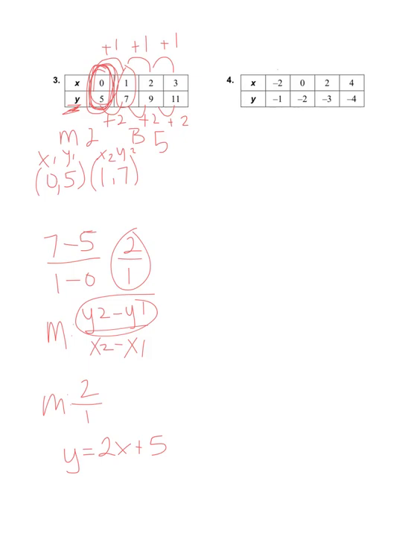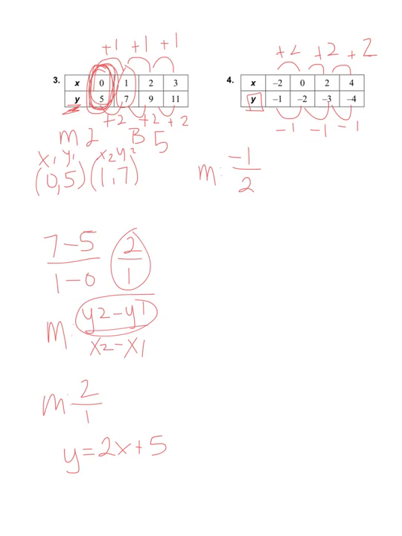Number 4, we're going to do the same thing. This is going up by 2, plus 2, plus 2, plus 2. And then down here, from -1 to -2, this is going minus 1, minus 1, minus 1. So our change in y is going to be -1. Our change in x is going to be positive 2.